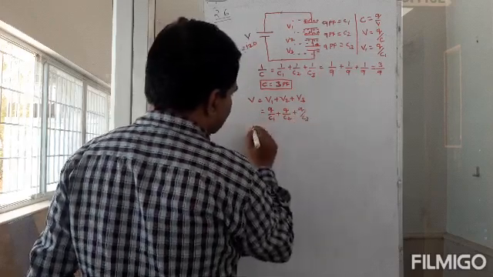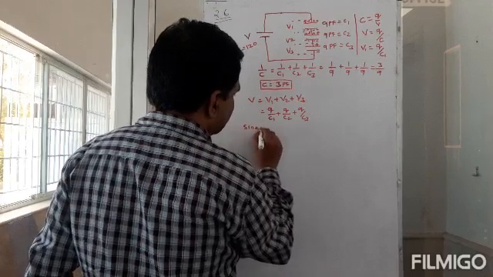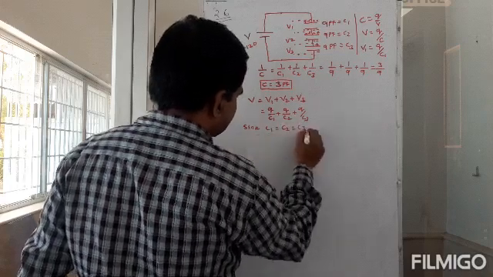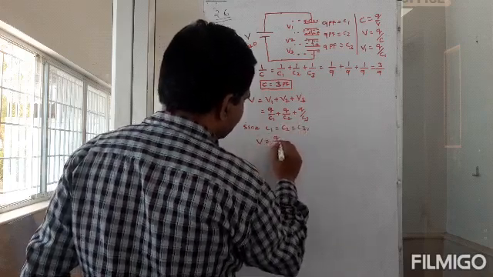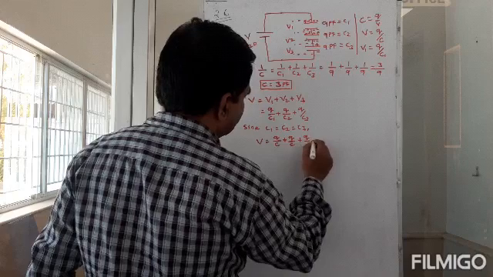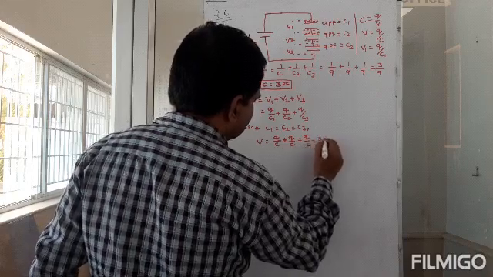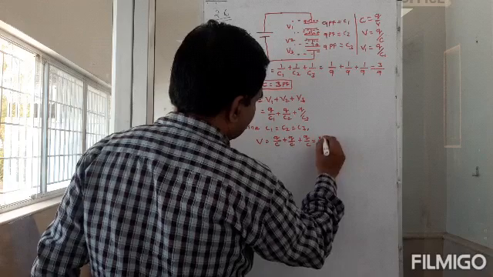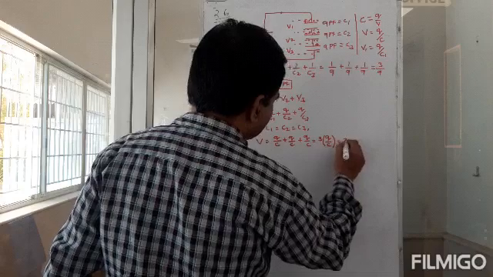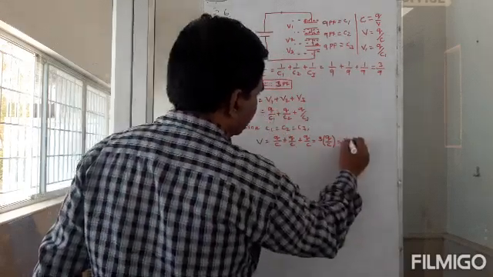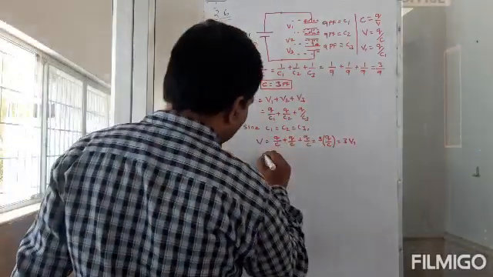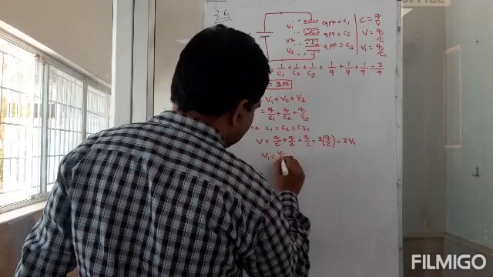Since C1 is equal to C2 is equal to C3, V becomes Q by C plus Q by C plus Q by C. That gives you 3 times Q by C, which I can write as V1 or V2 or V3. So my V1 is going to be equal to V by 3.